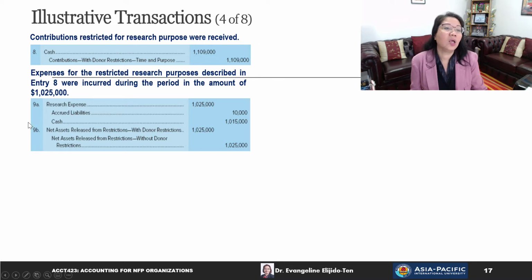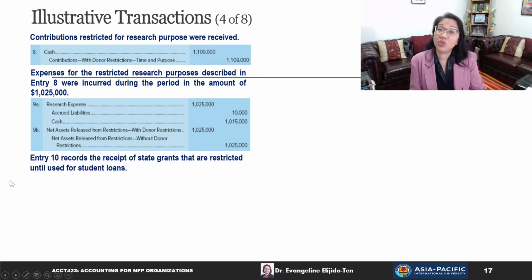So to do that, we will debit net assets released from restrictions with donor restrictions, 1,025,000, and credit net assets released from restrictions without donor restrictions, 1,025,000. Entry 10 records the receipt of state grants that are restricted until used for student loans.